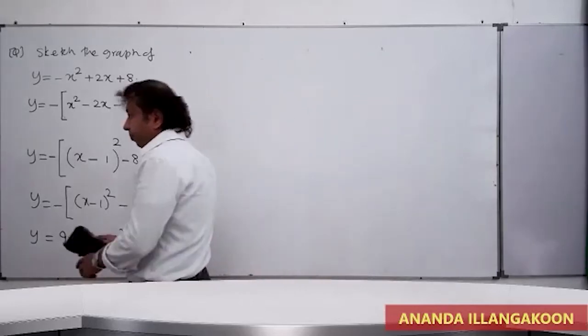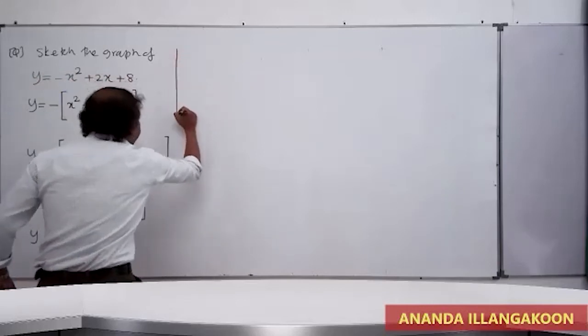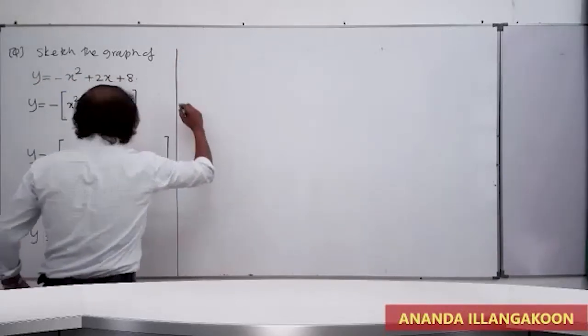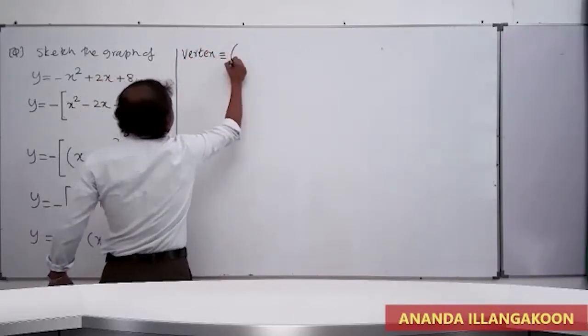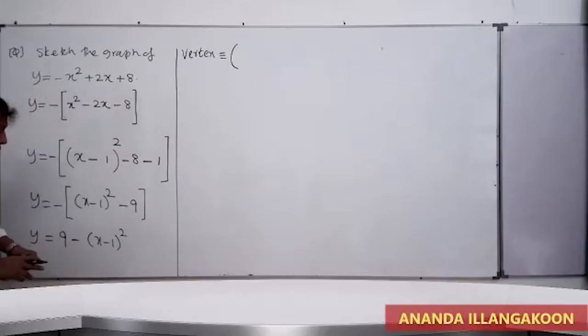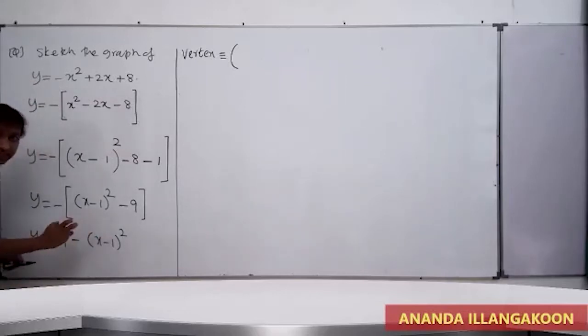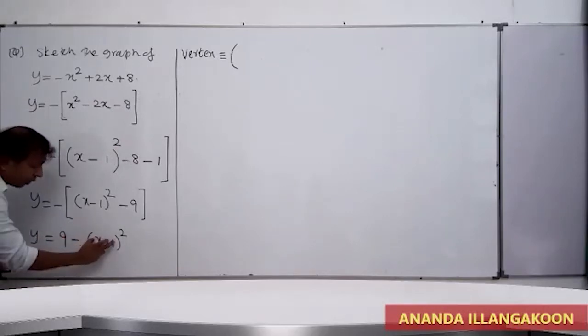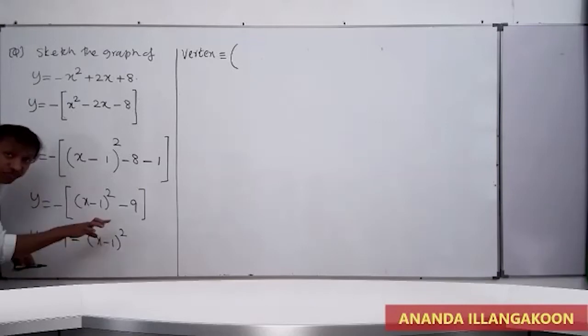Right. Okay. Now the vertex we can very easily decide. What is the vertex, people? The x coordinate of the vertex, we said, we always take from this bracket. From this bracket only we take the x coordinate of the vertex. How? Change this sign to the opposite.